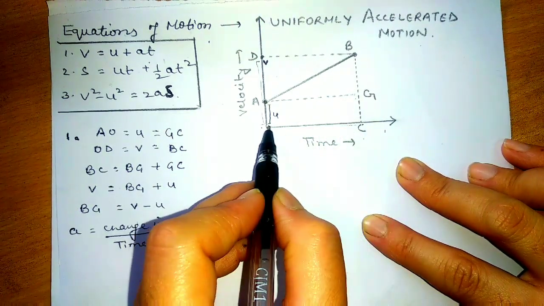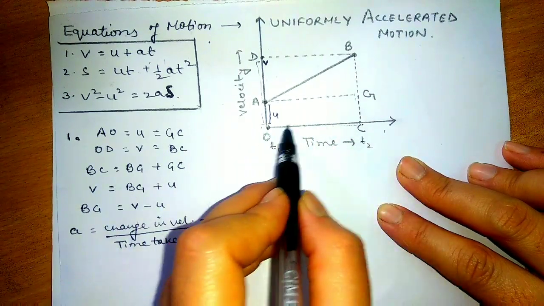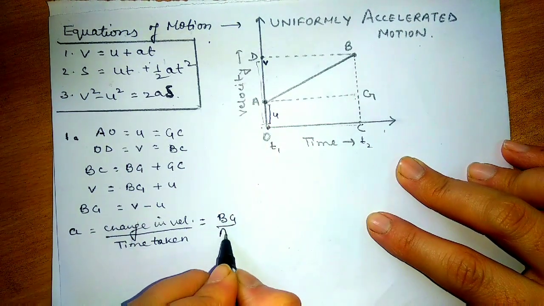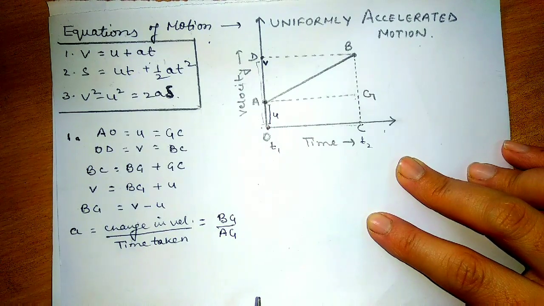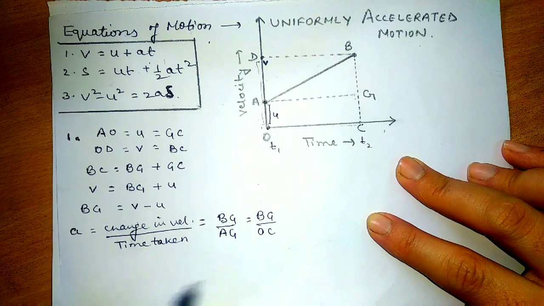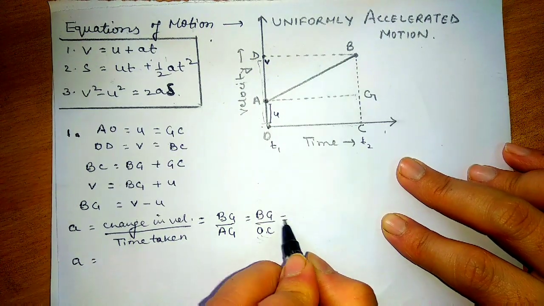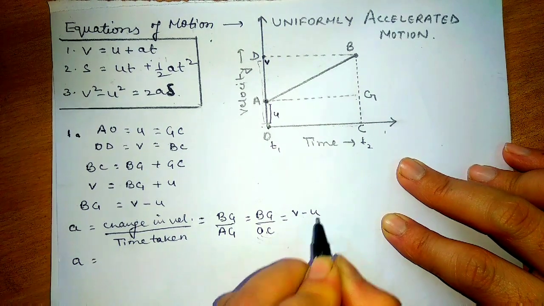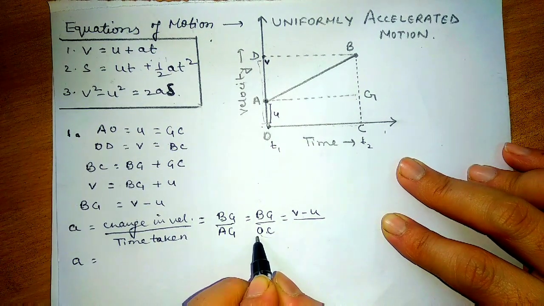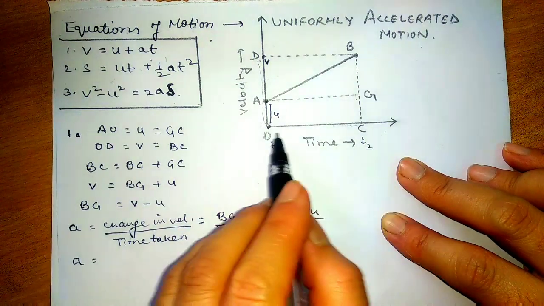That means this is say T1 and this is say T2. So T2 minus T1, that is equal to OC or is equal to AG also. I can write it as AG. So I can write a is equal to BG divided by OC, one and the same thing. So BG is v minus u, final minus initial, divided by OC, which is T2 minus T1, that means whatever be the time taken.